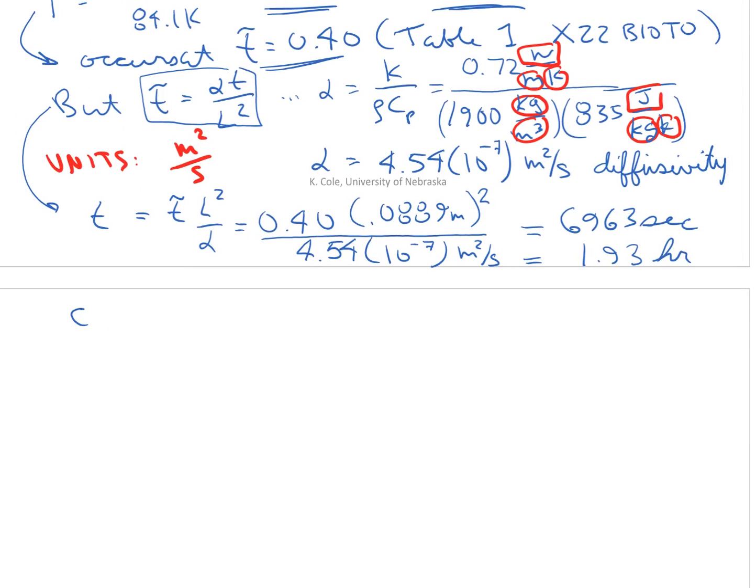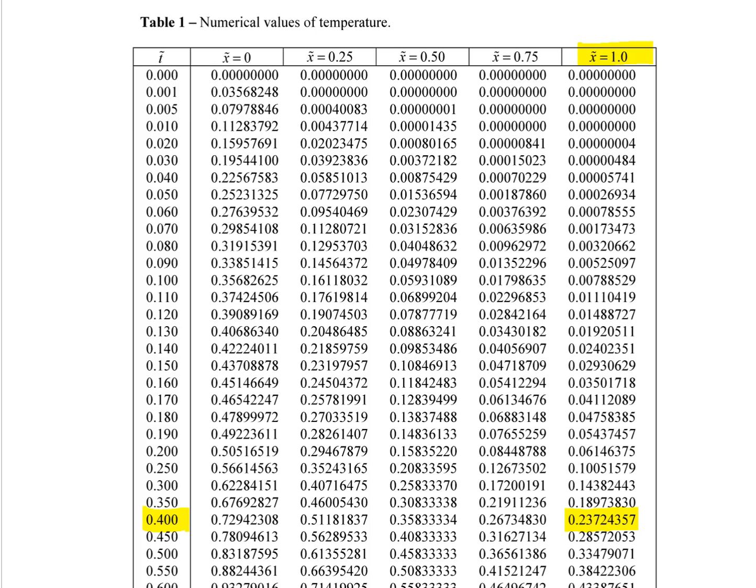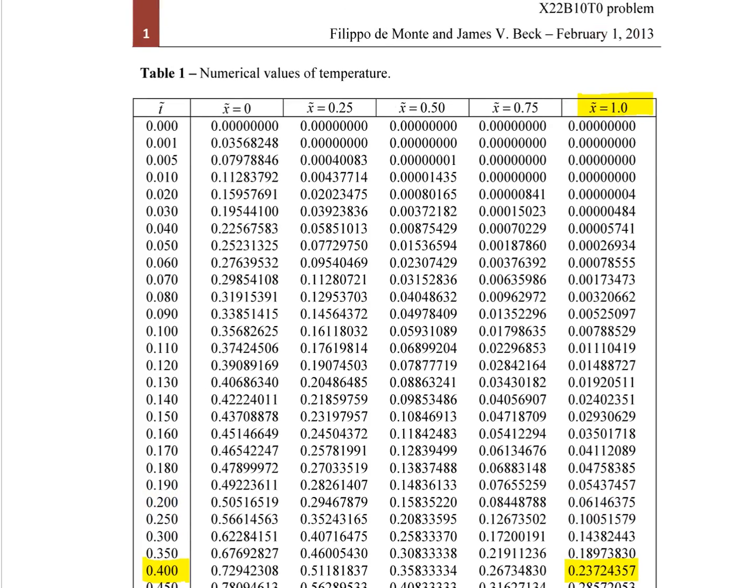Part C asks, what's the temperature at the x equals 0 face at this time? And we can get that information by going back to the table. Rather than the x equals 1 face now, I'm interested in the x equals 0 face.